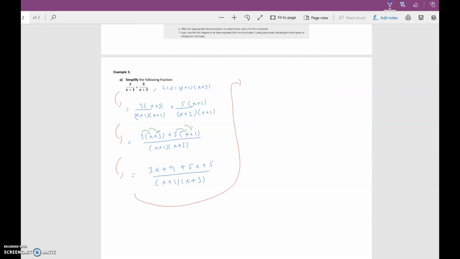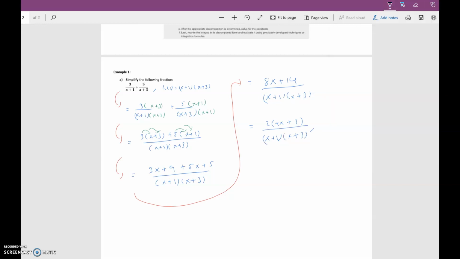The numerator is 8x plus 14 over x plus 1 and x plus 3. It's not needed here, but let me factor the 2. So you're going to have 2 times 4x plus 7 over x plus 1 and x plus 3.